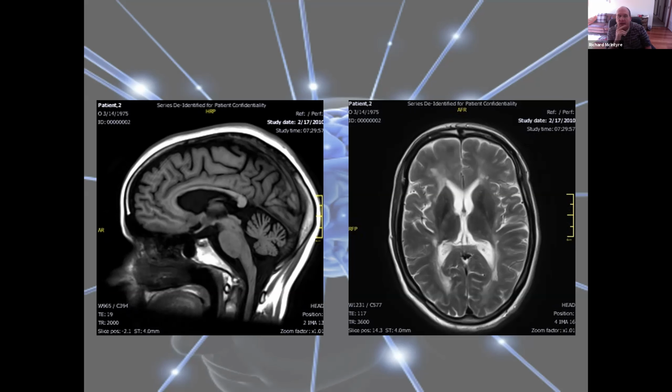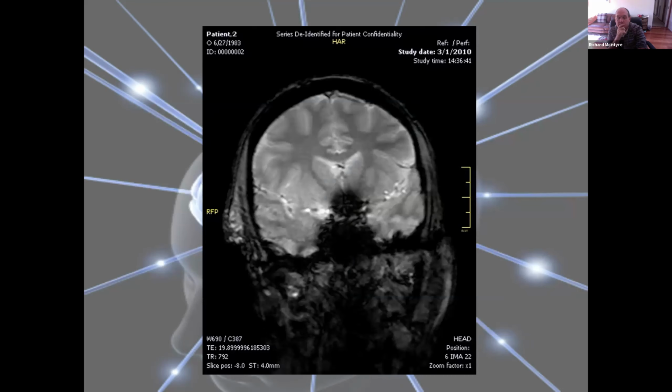What about the one on our right? Can someone tell me what plane, what weighting that is? Axial T2. Very good. Perfect. Okay, and of course they're MRI scans. Plane and weighting.